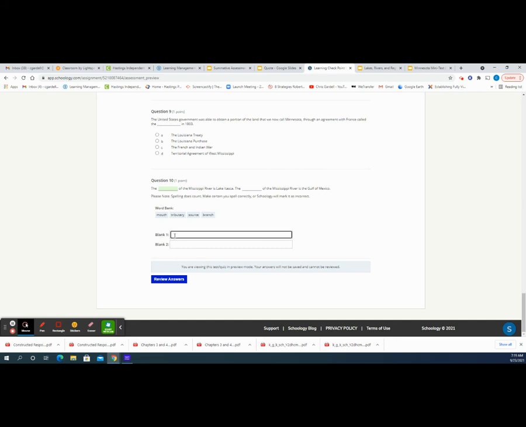Okay, so again, number 1 is the start of the Mississippi River. That is for the first blank, and the second blank is basically asking you for the end of the river. So start is blank 1, end is blank 2.